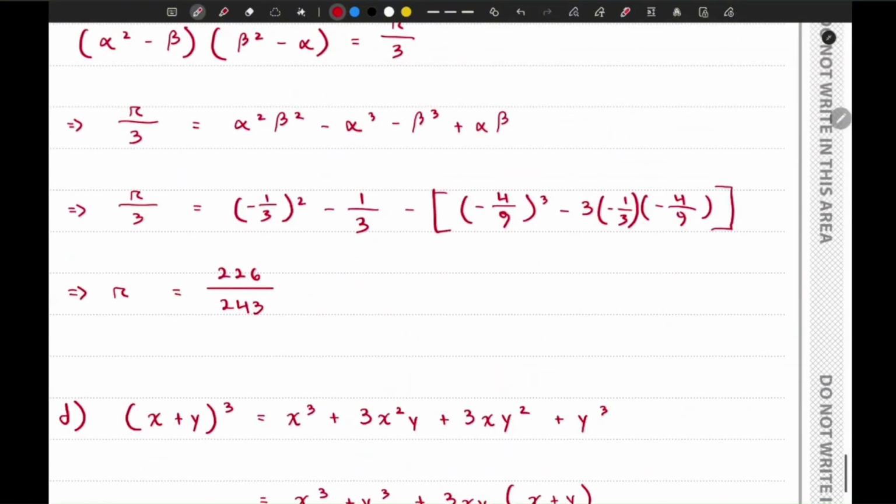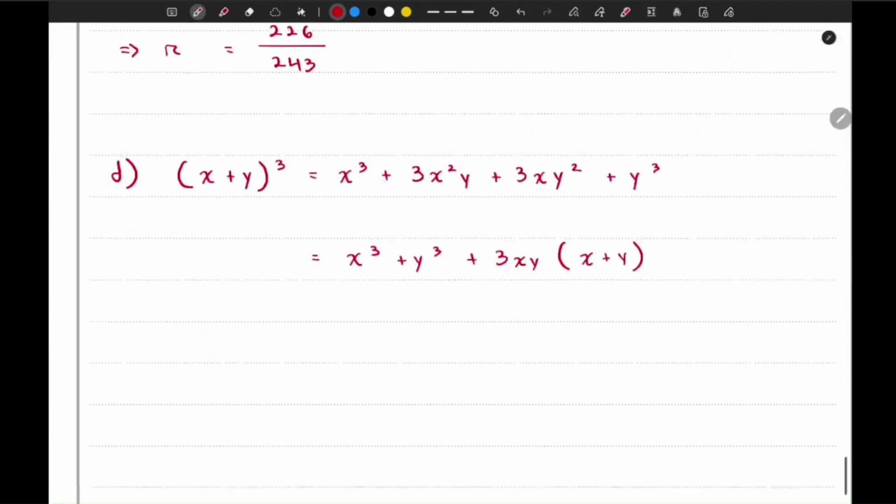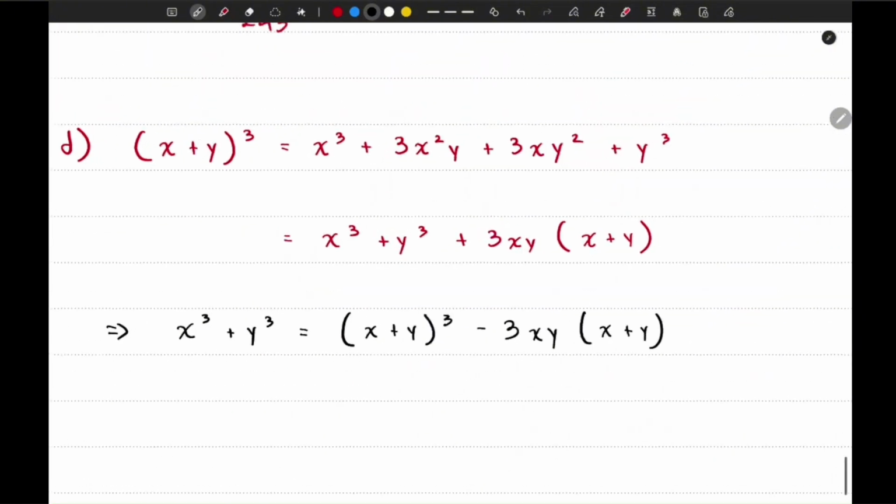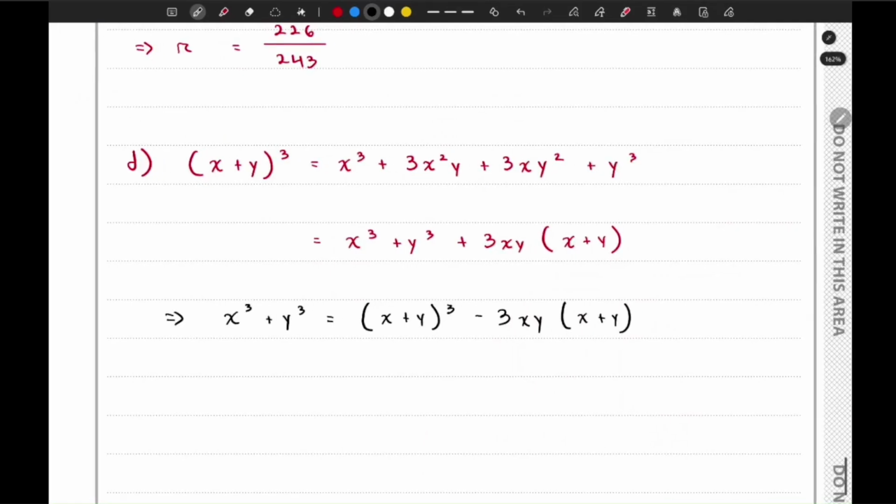Now, where did I find this specific term for alpha cubed plus beta cubed? If I make x cubed plus y cubed the subject, I will get x plus y whole cubed minus 3xy times x plus y. So this is where I found the equation for alpha cubed plus beta cubed.